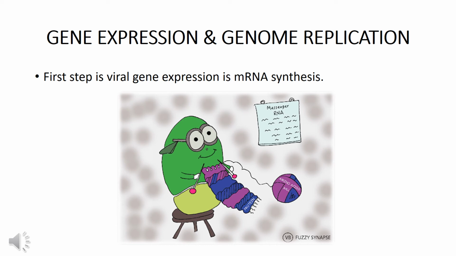So attachment with the ribosome of the host cell is necessary. Positive sense RNA strand viruses can directly bind with the ribosome of the host cell, but negative strand RNA viruses are unable to attach to the ribosome. So we will discuss later why this is occurring in the RNA synthesis.